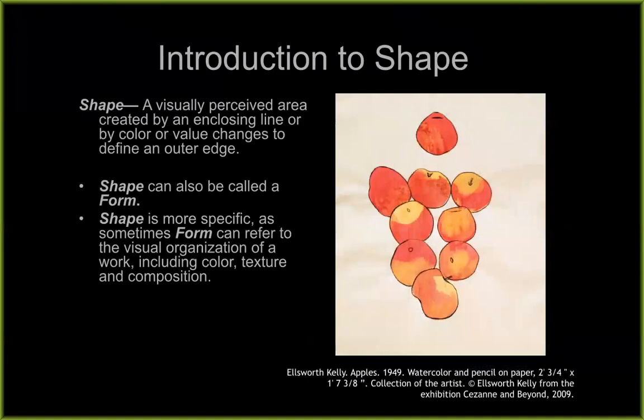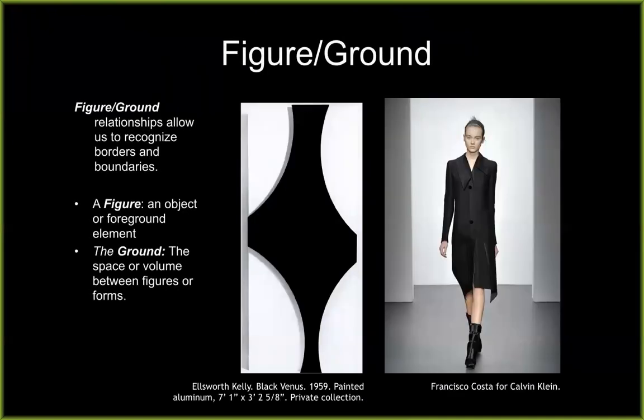But when we move to these photographs, especially the one on the left, the figure and the ground become a little more ambiguous. As you look at the one on the left, your eye shifts back and forth. Sometimes you see the black shape as being the foreground or the figure, and sometimes the white shapes come forward and become the figure. But generally speaking, the figure is the foreground element and the ground is the volume or the space around the figures or the forms.